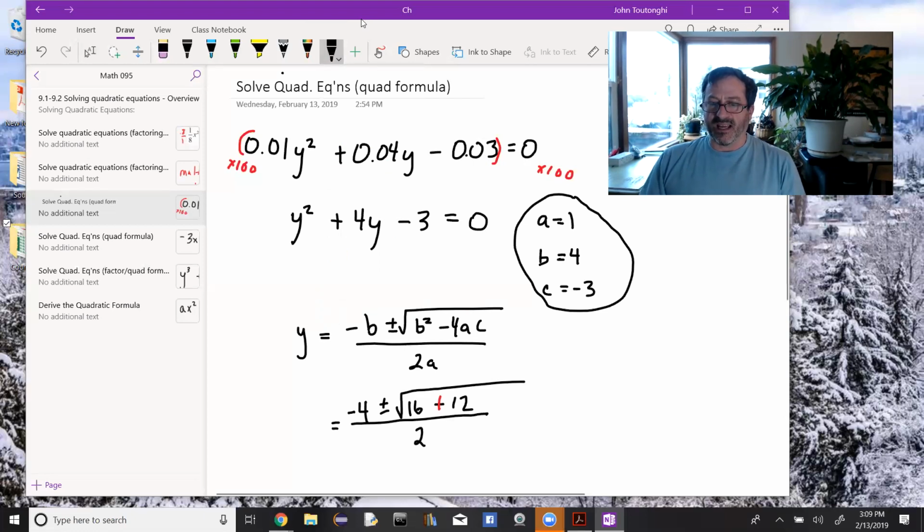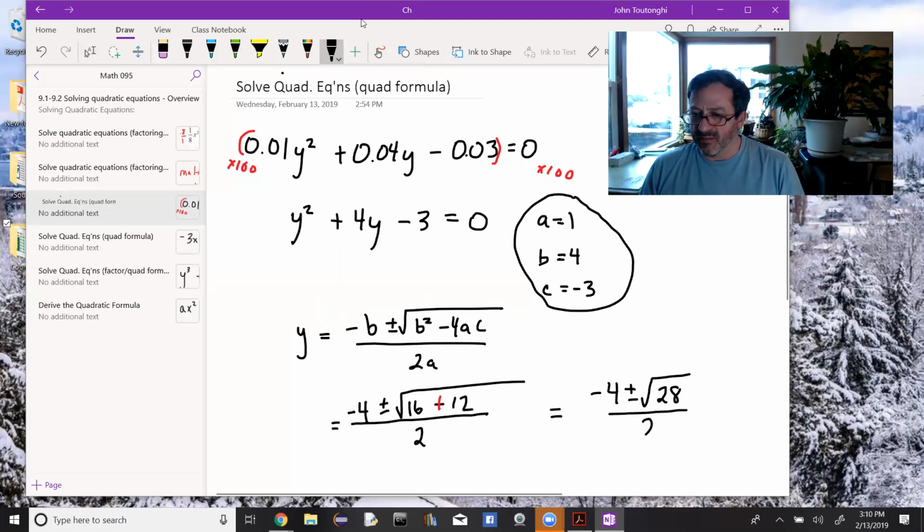Okay, so we actually have the solutions, but now we need to simplify this. So I'm going to go across, just so that I can maybe fit this all on one page. I'll get negative 4 plus or minus the square root of 28 divided by 2. And I need to reduce this guy down, but I need to be careful.